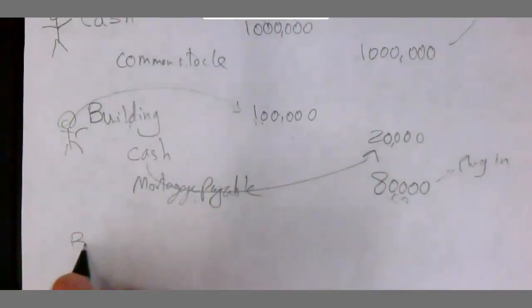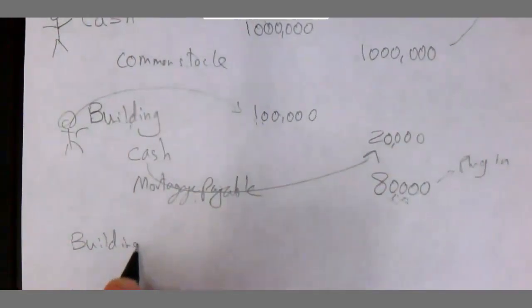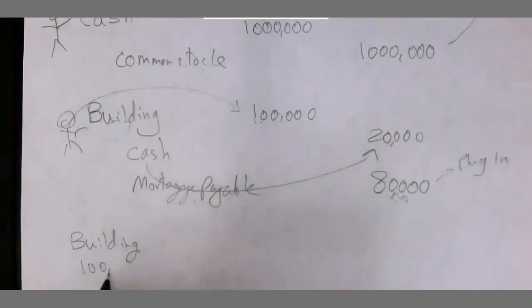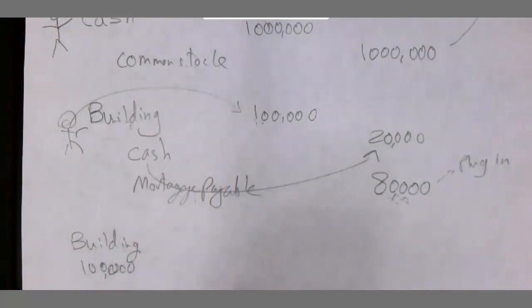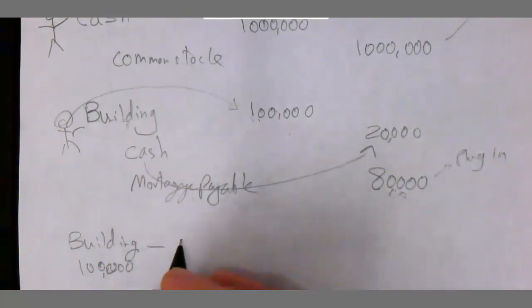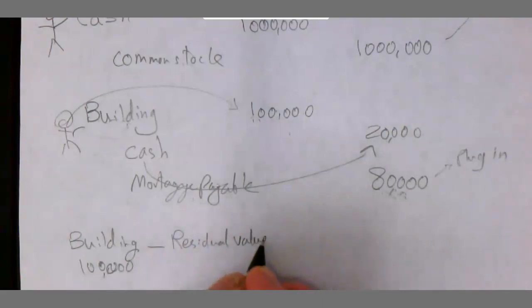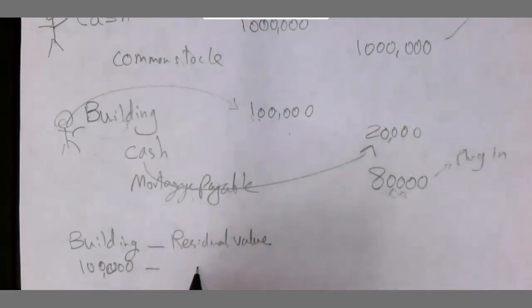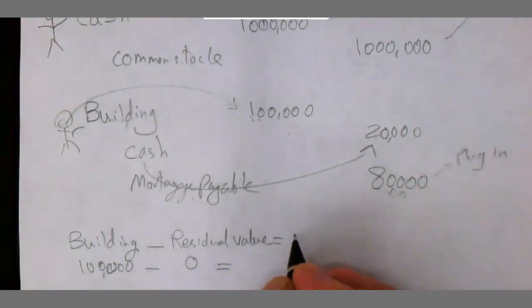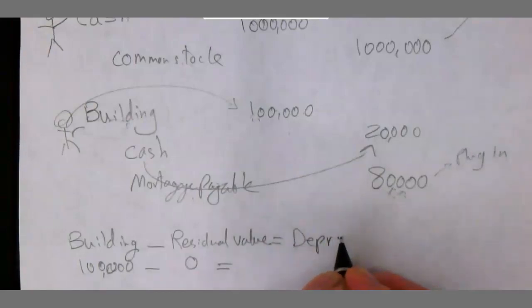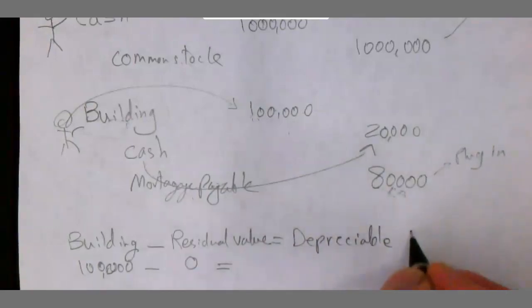So the building has $100,000, no, 1 million, how much? 100,000, yes. $100,000 value minus residual value, which in this case, we assume it's 0. And that gives you depreciable base.